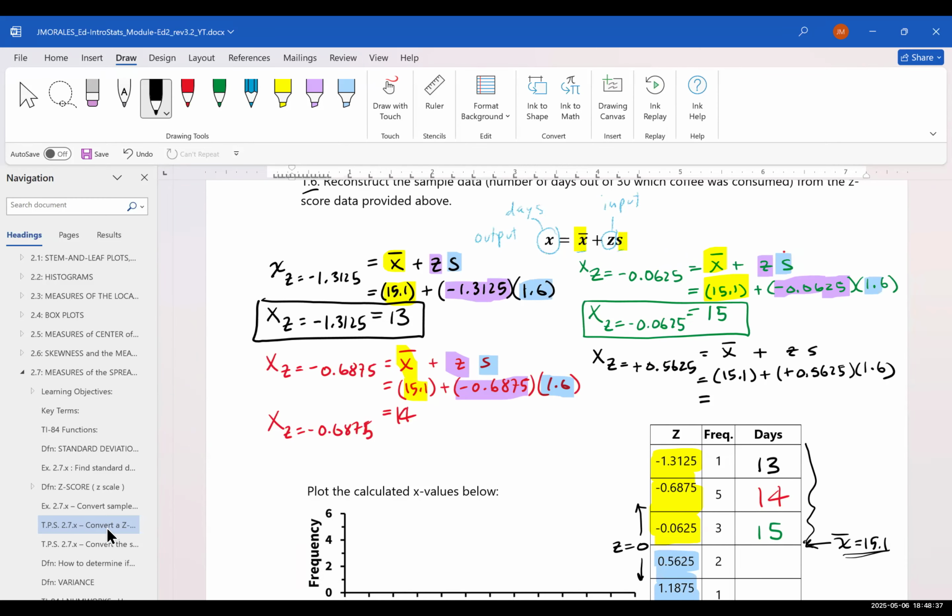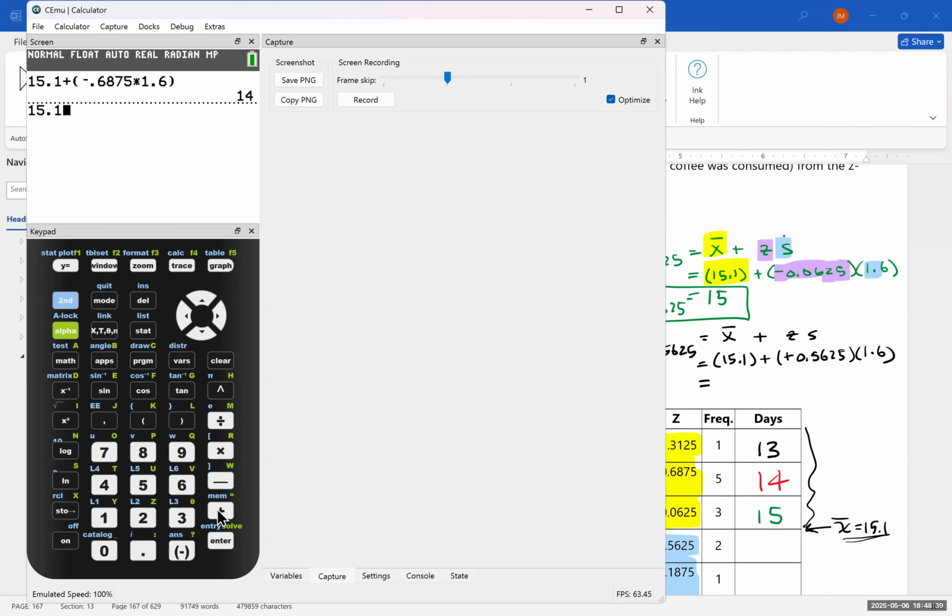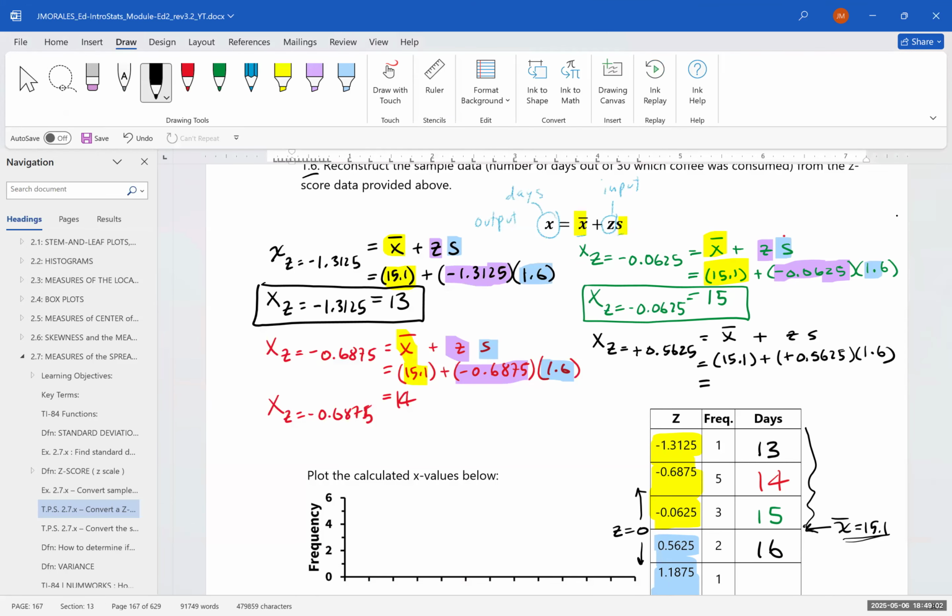Okay, so we need 15.1 plus, I don't need to put a positive there, 0.5625 times 1.6. So if we're doing this right, we should get a value greater than 15.1. Yep, we got 16. There we go.